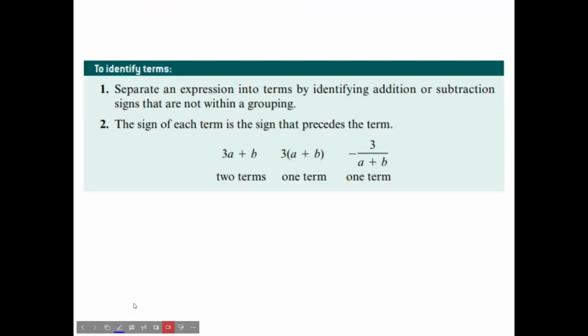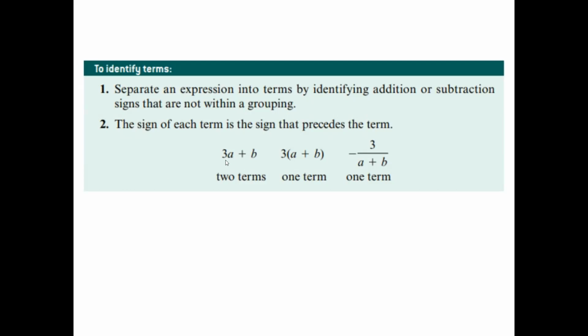So now let's talk about terms. To identify terms, separate an expression into terms by identifying addition or subtraction signs that are not within a grouping. The sign of each term is the sign of the preceding term.